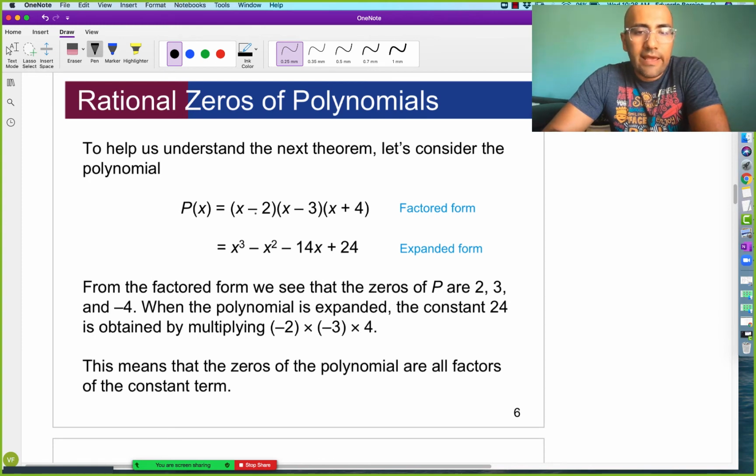If we went ahead and FOILed this whole thing out, we would get this ugly thing here. And then it would be really hard, by looking at it, to see that the zeros are 2, 3, and negative 4. It would be really hard to find them.